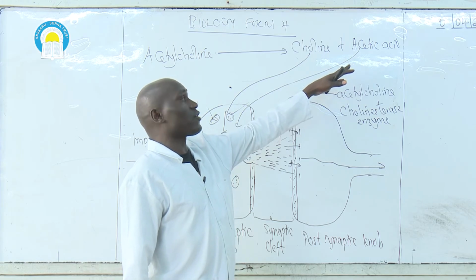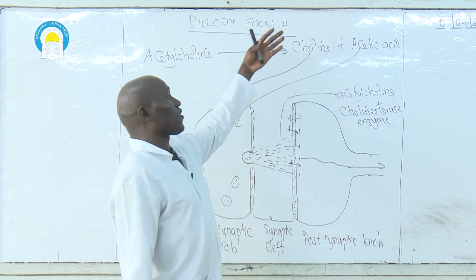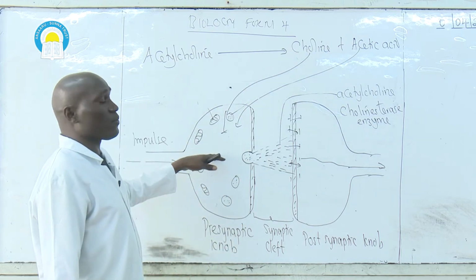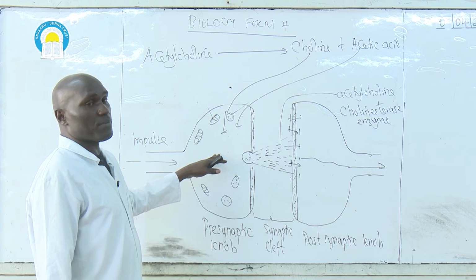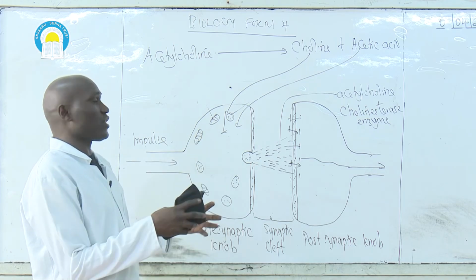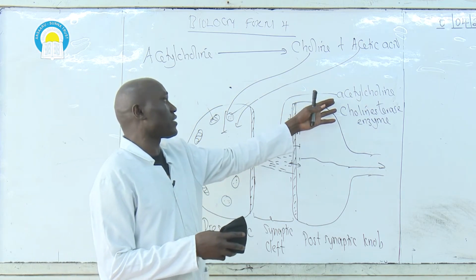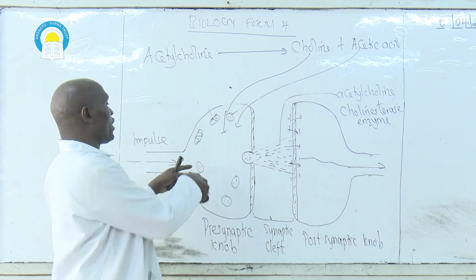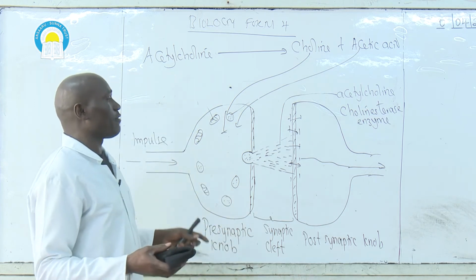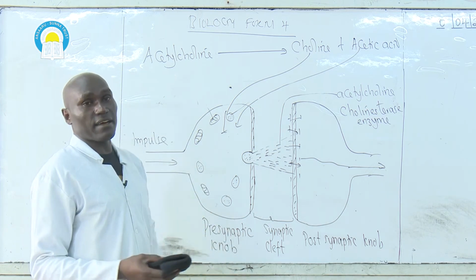Acetic acid is an ethanoic acid or organic acid. The two compounds formed are incorporated back into presynaptic knob, where energy from mitochondria is used to join the two to form acetylcholine, which is then incorporated into another synaptic vesicle, which will then be ready for transmission of the next nerve impulse.